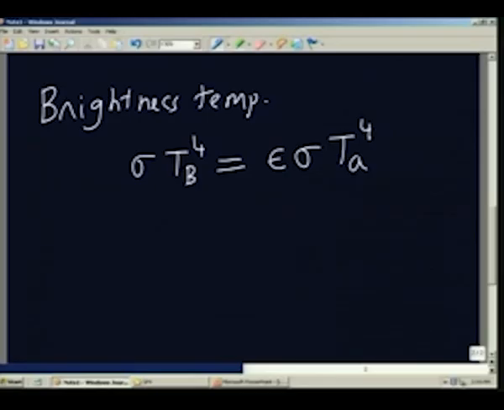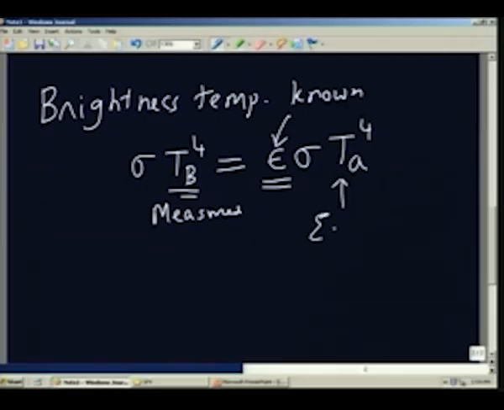When I am talking about total pyrometry, that means that I am using the entire spectrum of radiation. So, you see that the emissivity plays a role in this particular case. Therefore, the knowledge of emissivity is very important for measurement of temperature, because if this is measured and emissivity is known, then I can estimate the actual temperature.